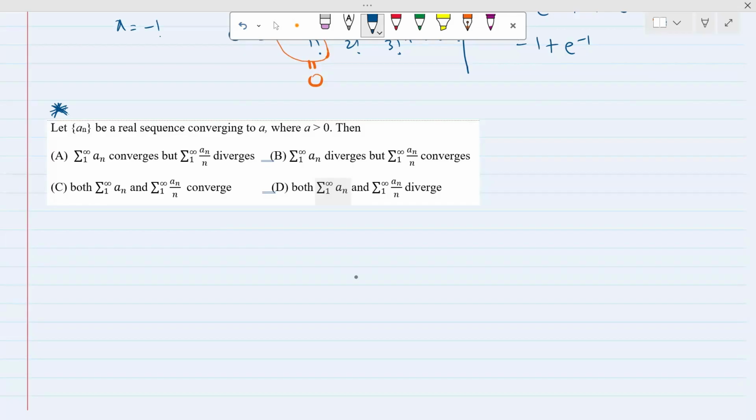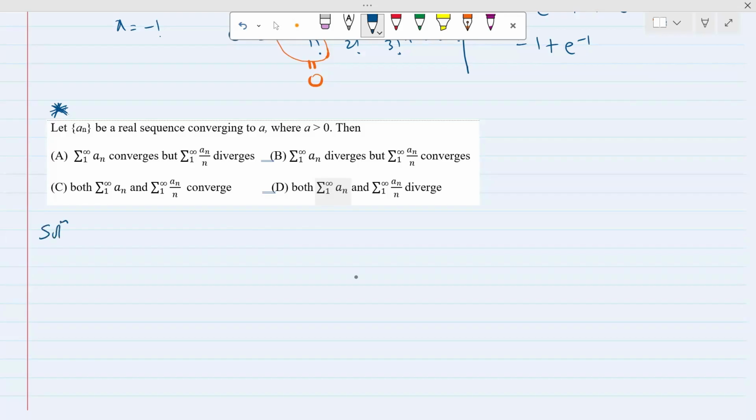It is only said something about the sequence a_n, and then we want to see whether the series summation a_n, summation a_n by n, or summation n times a_n is convergent or divergent, and so on.